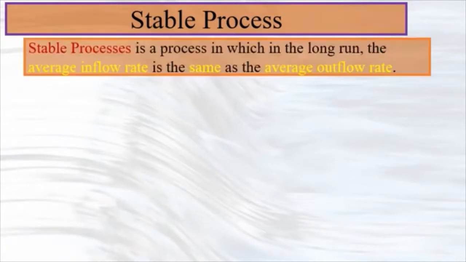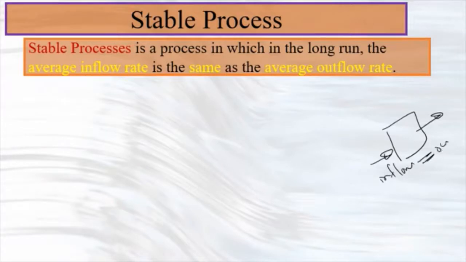Now, what we just mentioned is all in the short term. In the long term, we get more of a stable process where the inflow is going to be equal to the outflow.